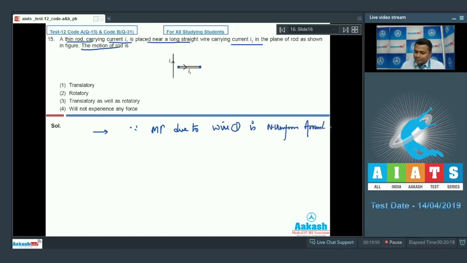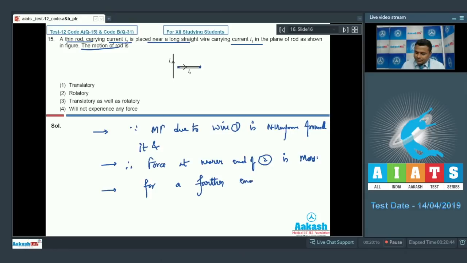around it, and therefore the force at the nearer end of wire 2 is maximum, and the force at the farther end of wire 2 is minimum, and hence the motion will be translatory plus rotatory.